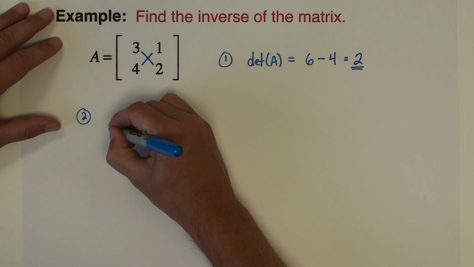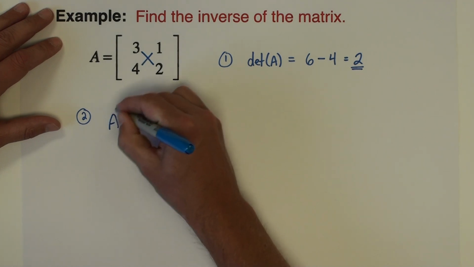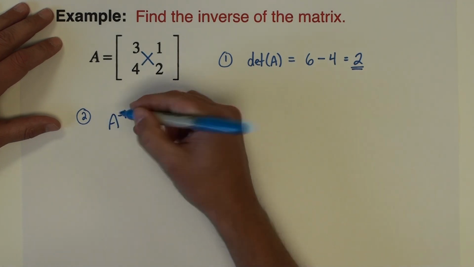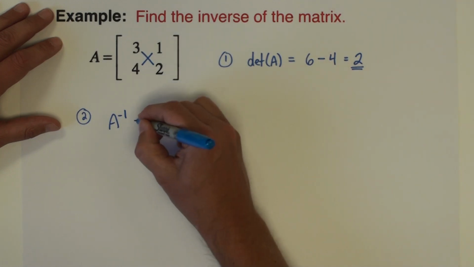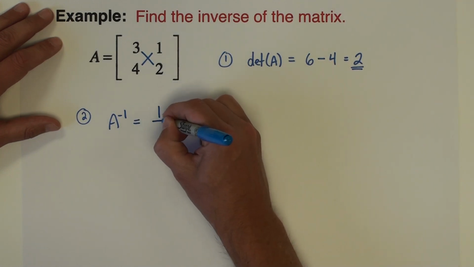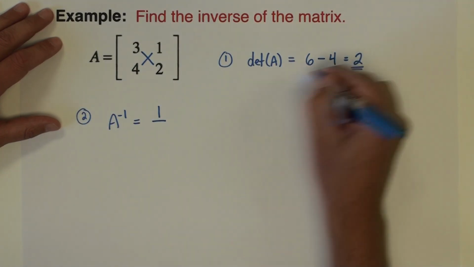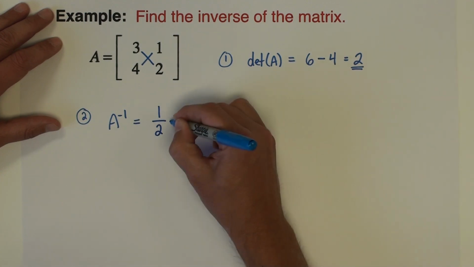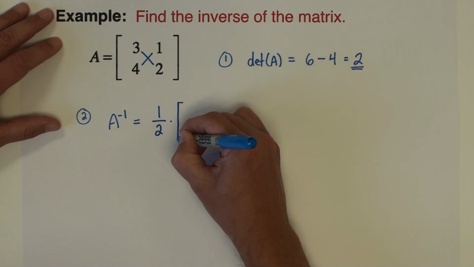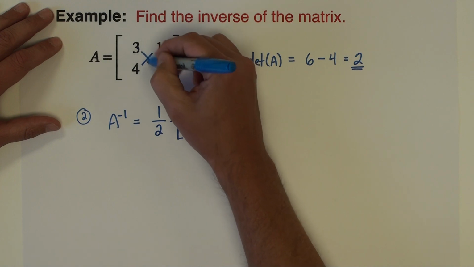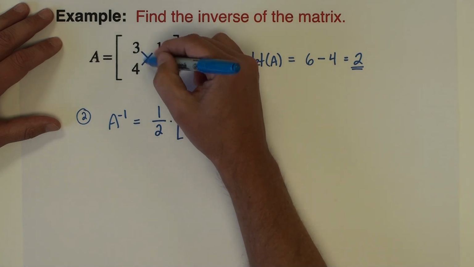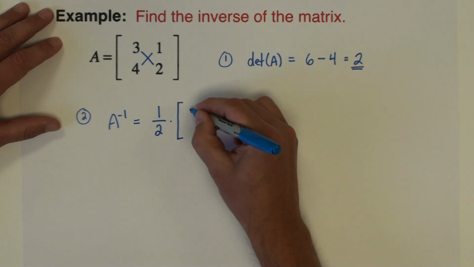So I want A inverse, which A to the -1 power is read as A inverse. I'm going to take 1 divided by the determinant that I found here, 2. So 1/2 times. Now the numbers on the main diagonal, the 3 and the 2, those are going to switch places.